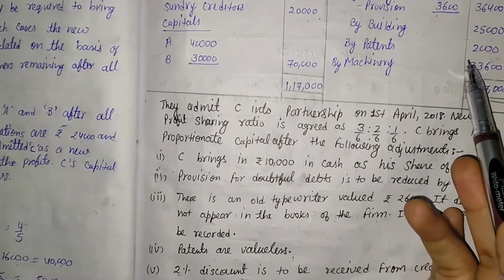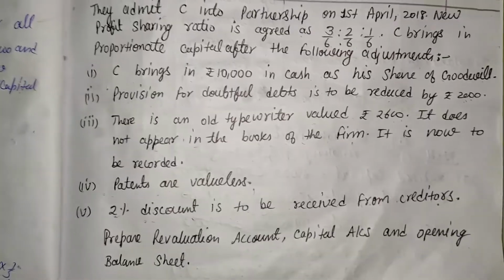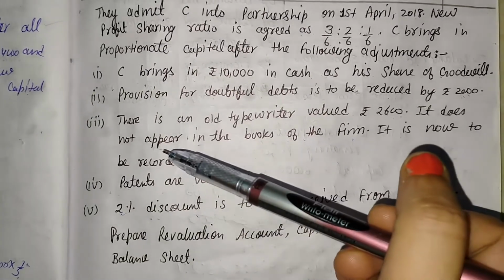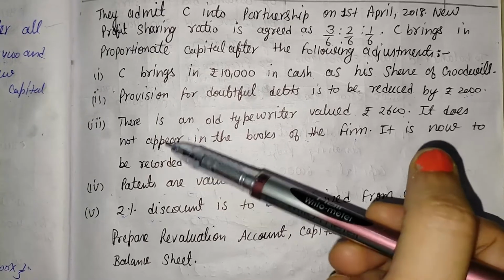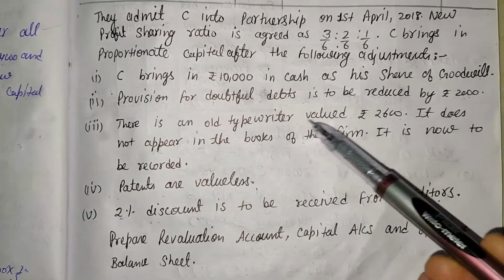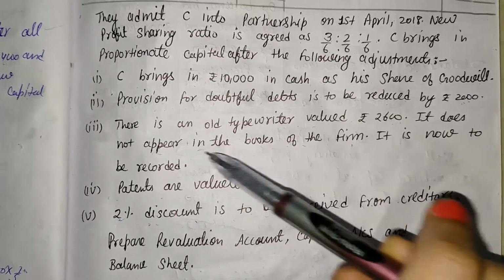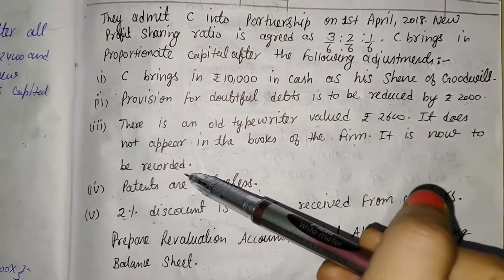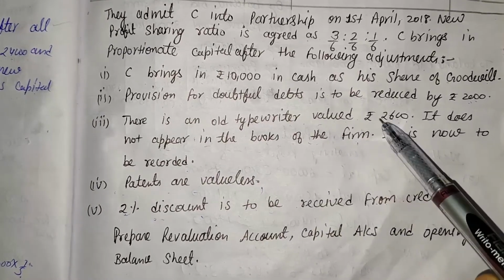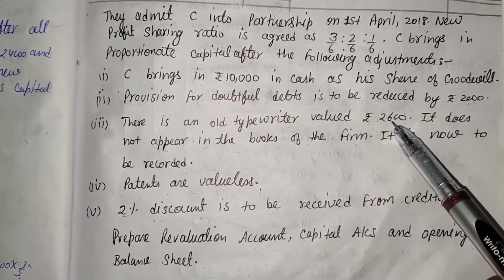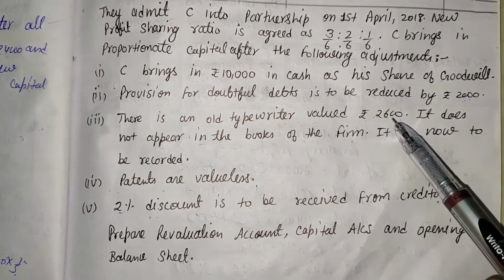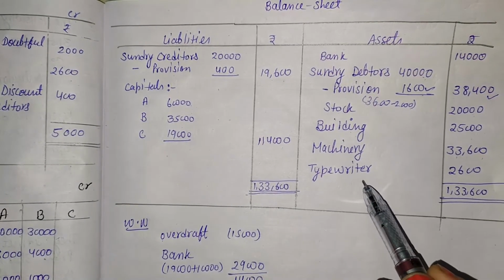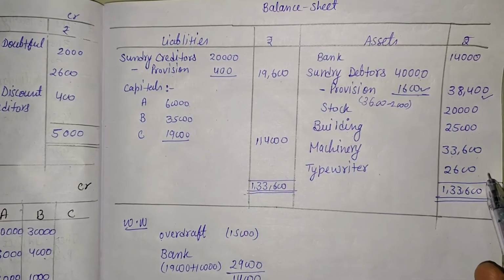In the additional information we find one more thing: there is an old typewriter valued at rupees 2,600. It does not appear in the books of the firm. Now it is recorded, it is an unrecorded asset. So we can record this asset, that is rupees 2,600. Here the value of typewriter is rupees 2,600.